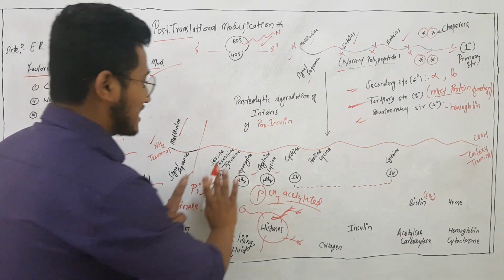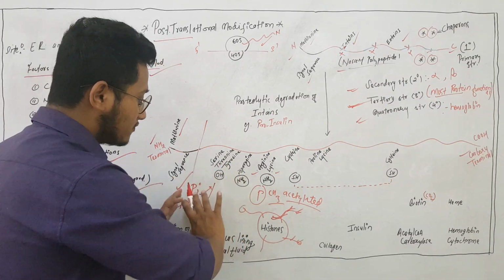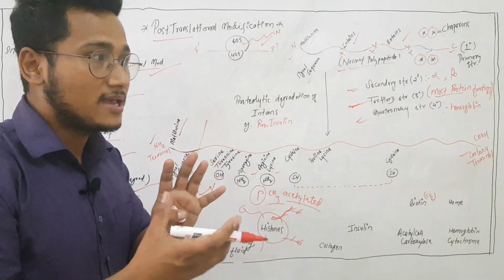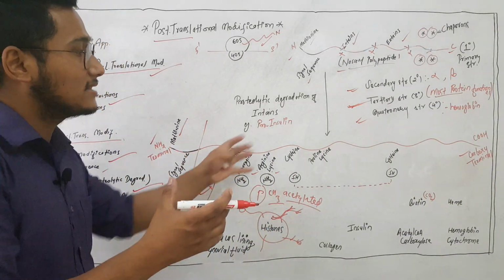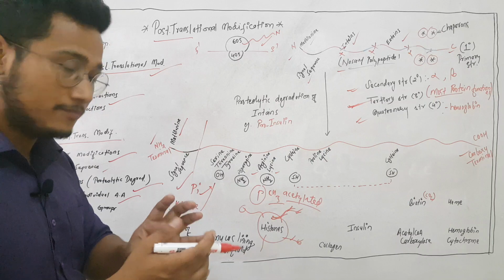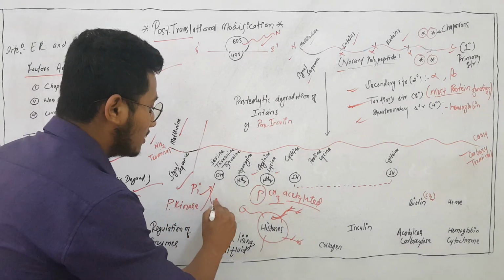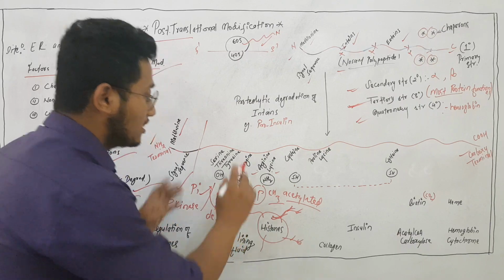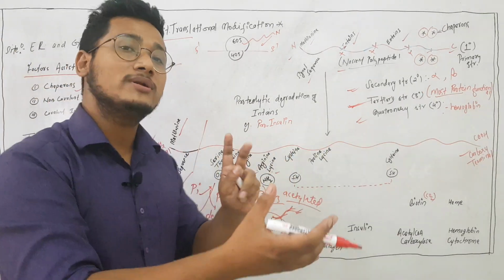So once phosphate is added, there is a conformational change in this enzyme, and this enzyme becomes either activated or, sometimes on dephosphorylation, either activated or deactivated.